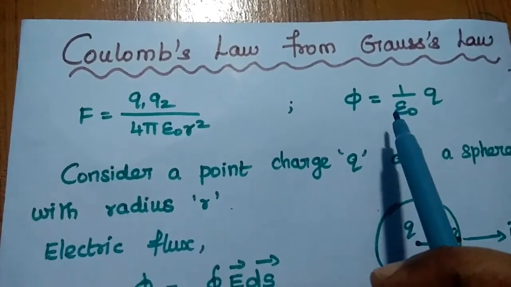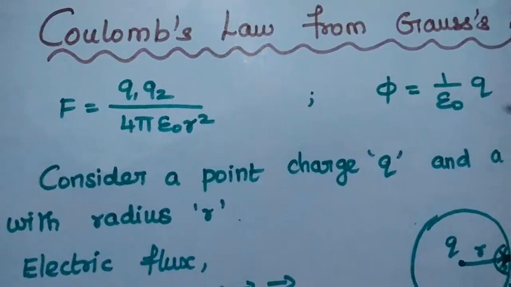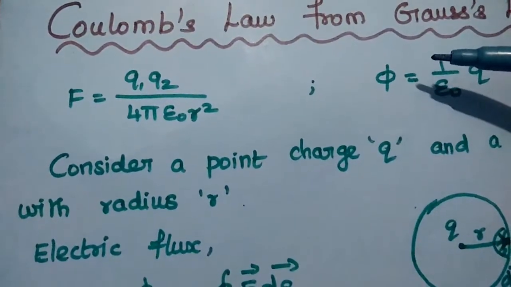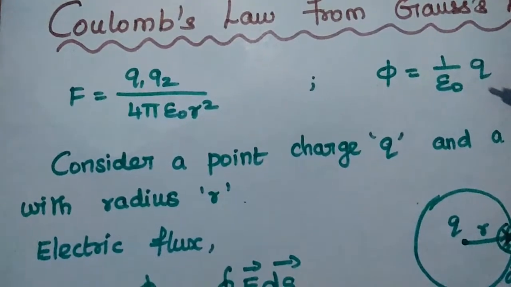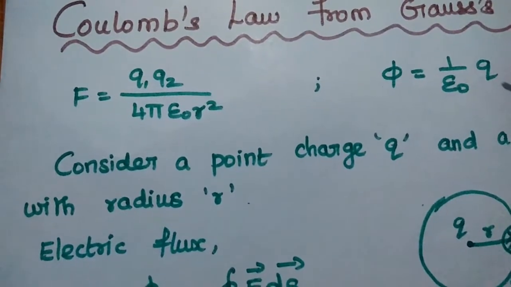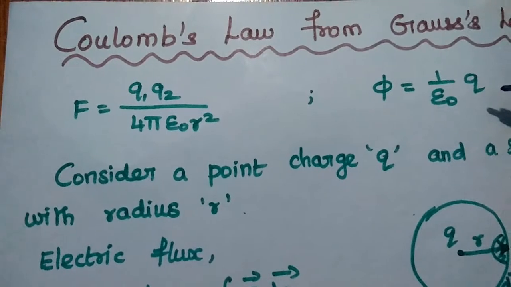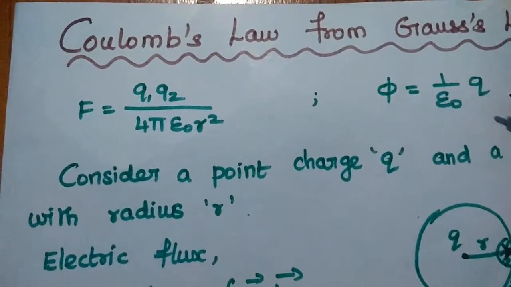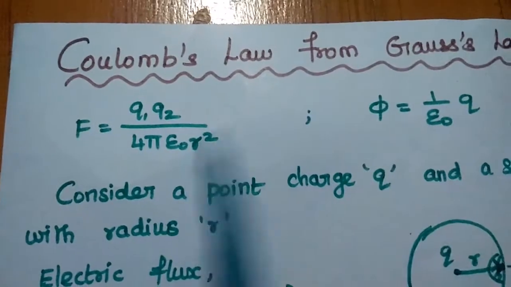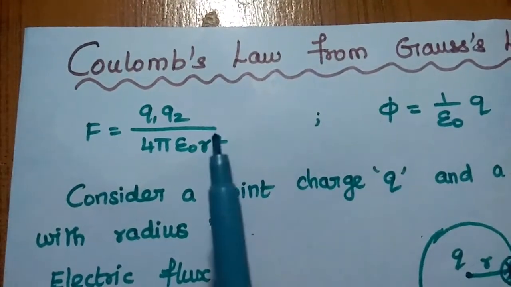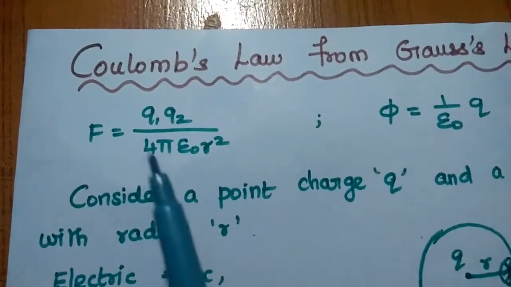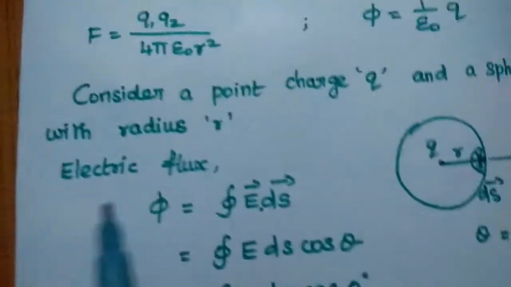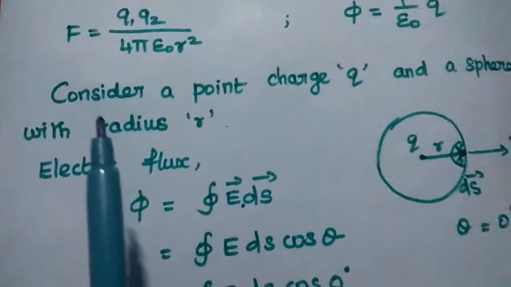Gauss law states that the total flux phi is equal to 1 by epsilon naught times the charge enclosed in the surface. So there are two different laws, but we are going to obtain one law from the other one. Let's start the derivation.